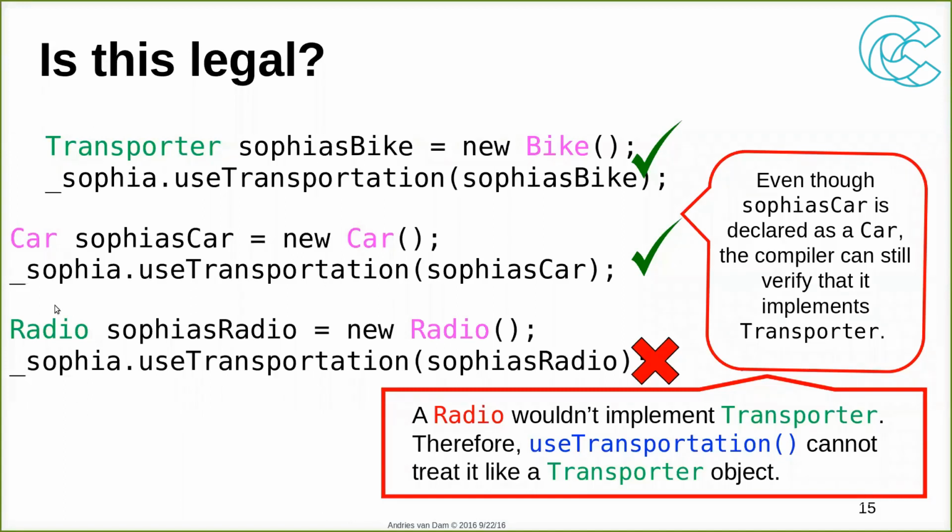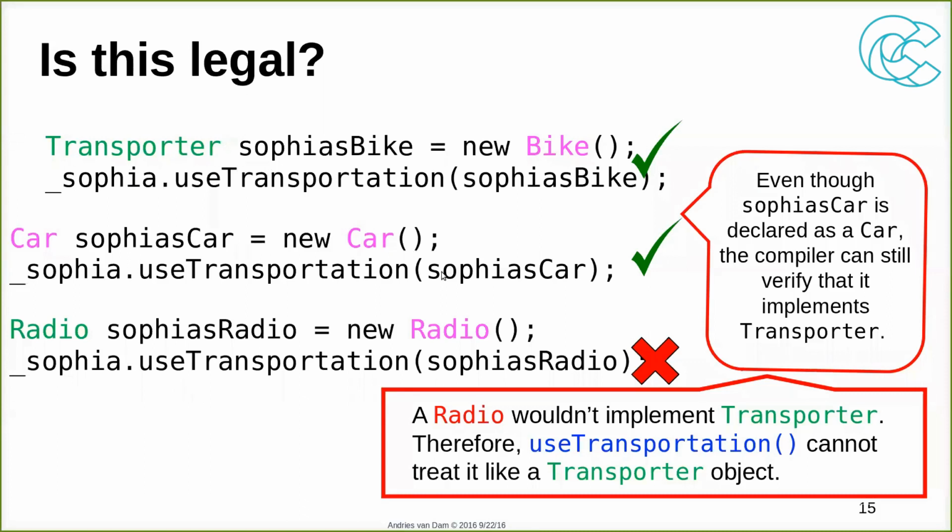But in the next statement, you can use any of the methods of the car. So once you call this, it will get typecast to the transporter interface type. We'll look at this typecasting in one of the later classes.